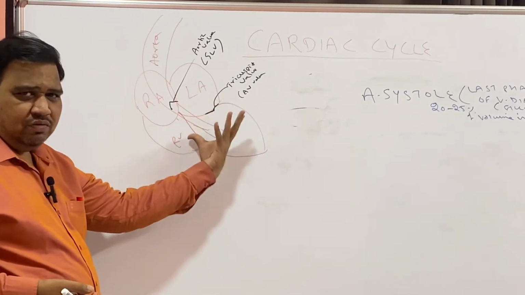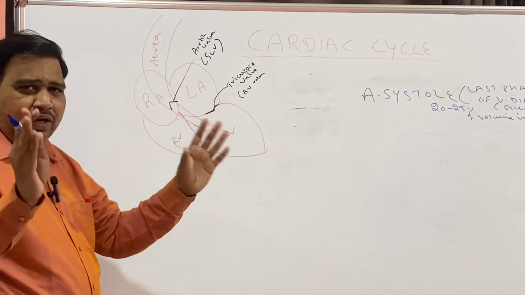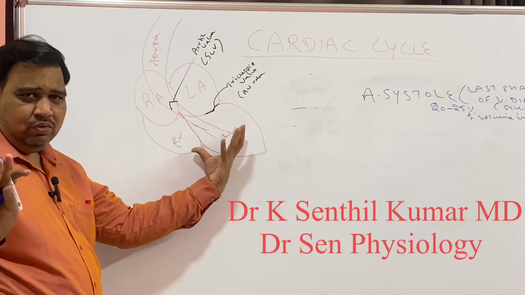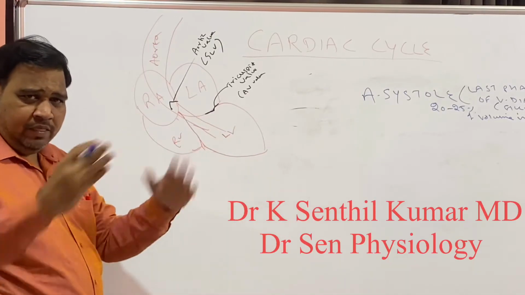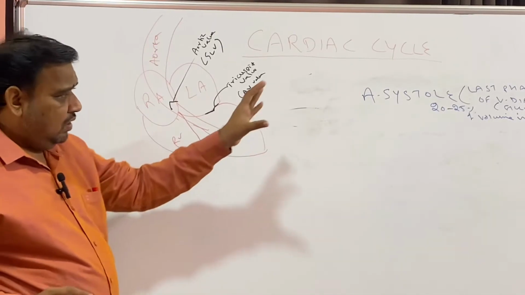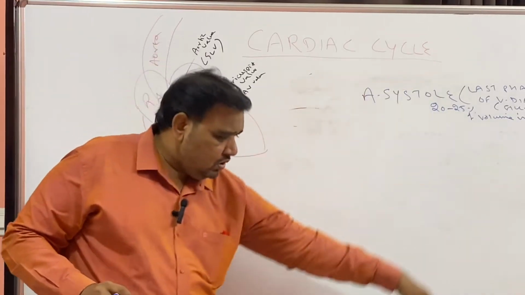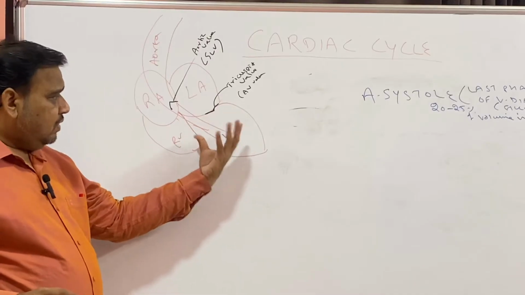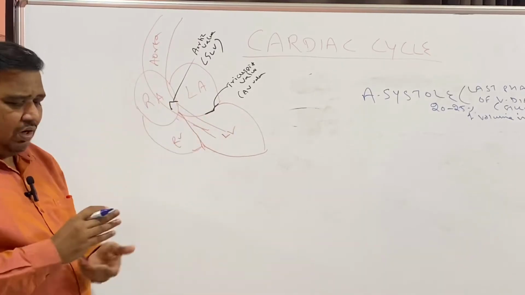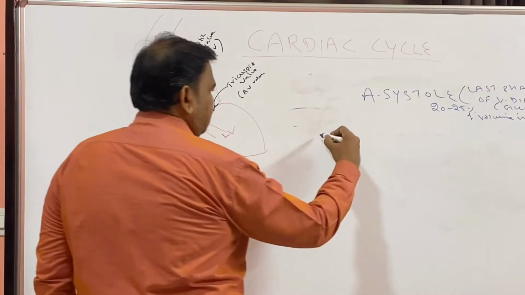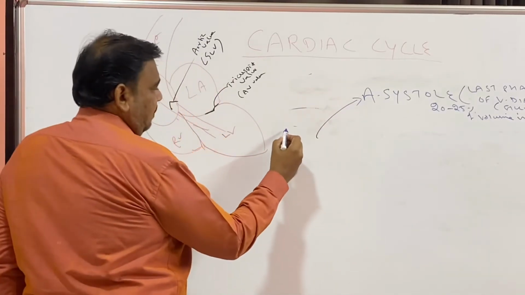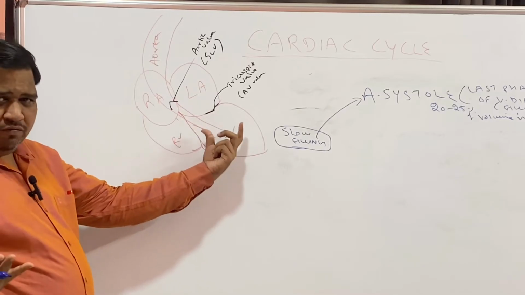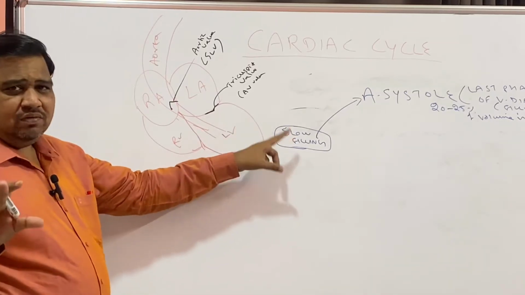Obviously this is the diastole phase, because the ventricle is filling. I told you I am going to take only the left ventricle chamber for understanding. There are two phases, systole and diastole. Now I am starting from atrial systole and I am going to discuss the cycle of mechanical events. The left ventricle is filling. Before atrial systole there will be slow filling, which is passive, not active.